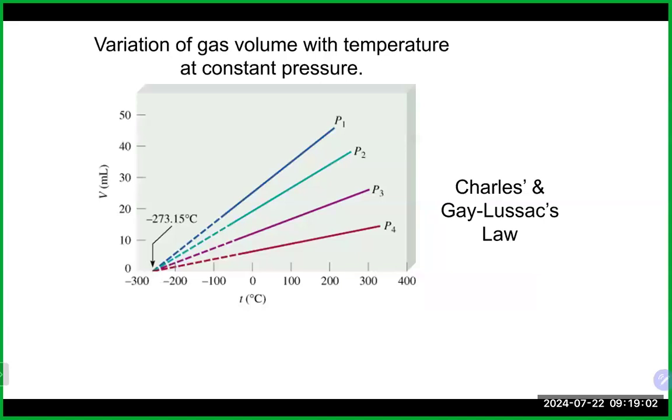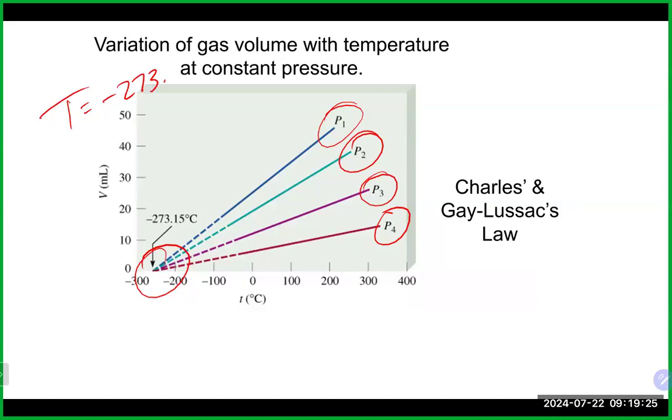Now, there is also an important relationship when we talk about these gas laws, which is interesting. If you take a graph of volume versus temperature for any gas that you like, any different gas, and you draw these best fit straight lines and extend the lines to the temperature scale, the line always hits the same value, which is minus 273.15 degrees Celsius.